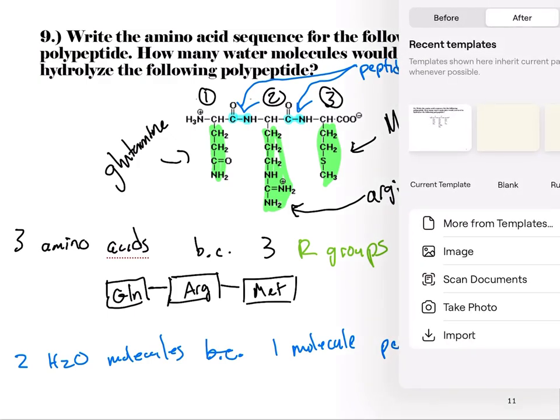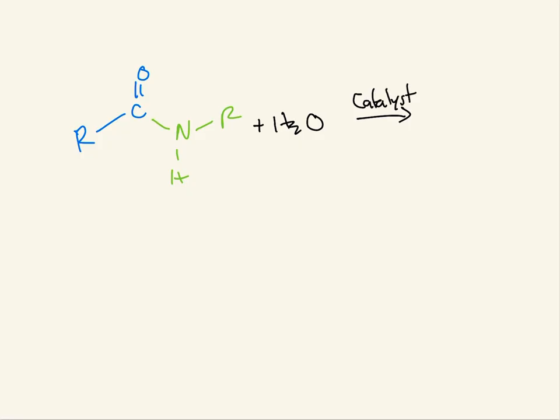And so how we would write that is if we had RC double bond O, NHR, right? This could be an arbitrary amide bond. We add water to it. And what do we usually need for this reaction to happen? We need a catalyst. So that could either be H3O+ or an enzyme or something of that nature.